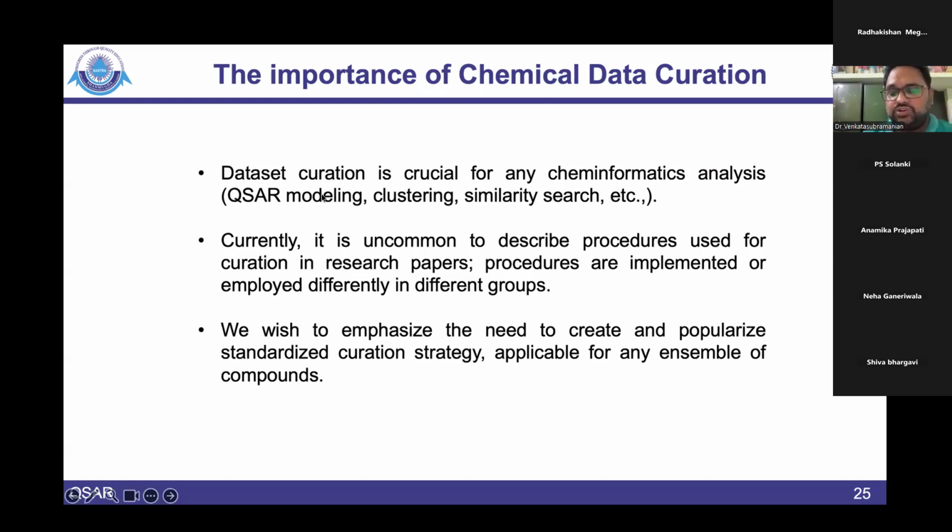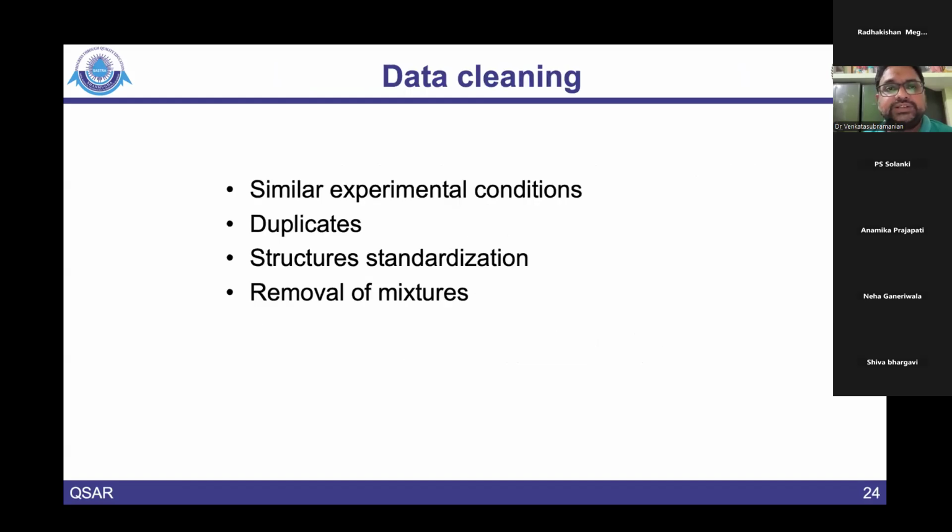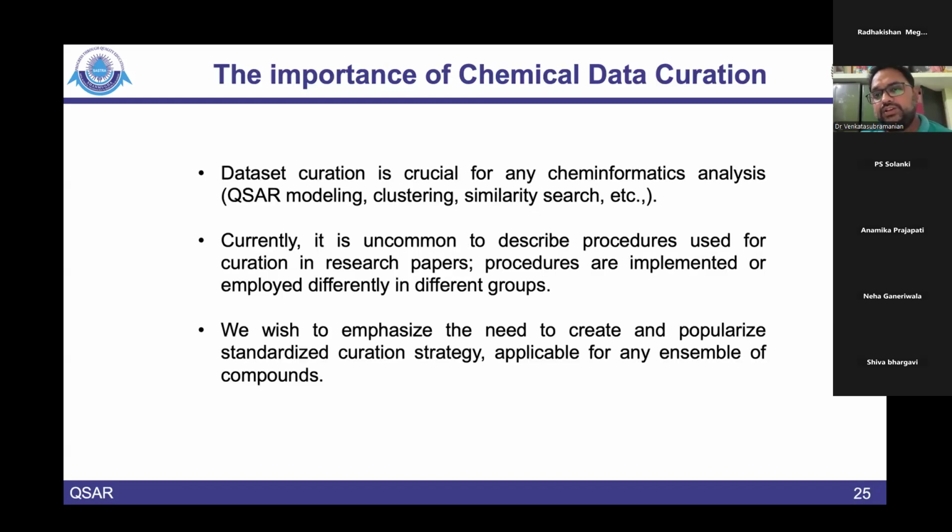The data should all be in a similar format. The activity units and everything should be in a standardized format, so that they all can be used. So for example, the units, the structural descriptions, and the assay data, whatever the conditions, everything should be uniformly followed.